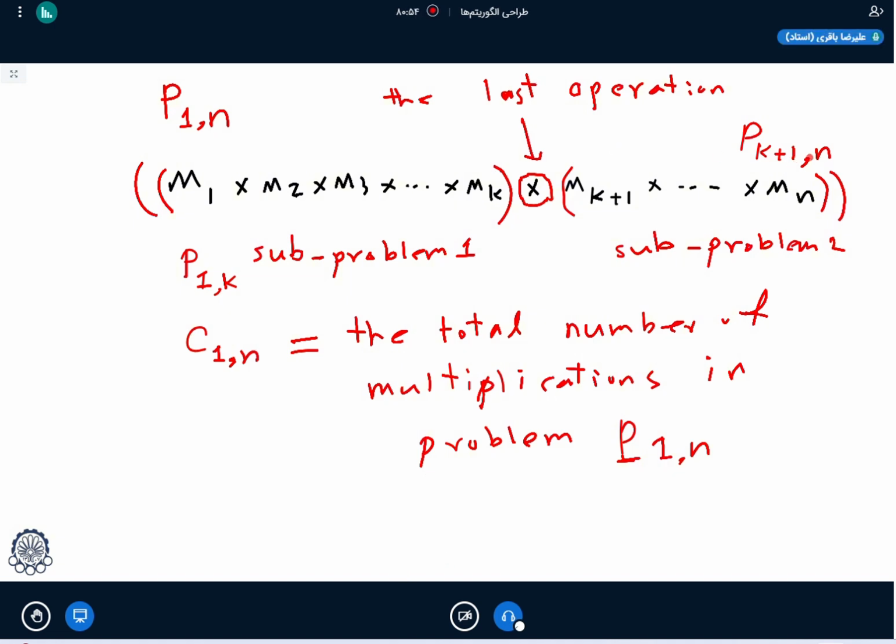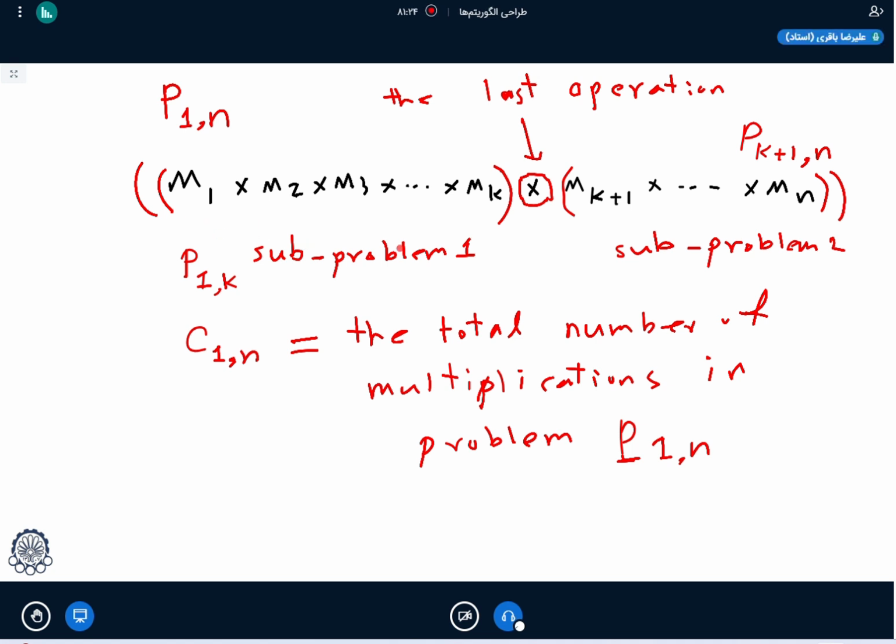The total multiplications done in this parentheses are the multiplications done in the left side plus the multiplications done in the right side plus the multiplications done during the last operation.